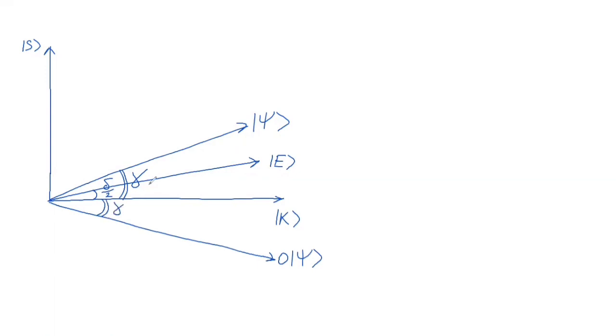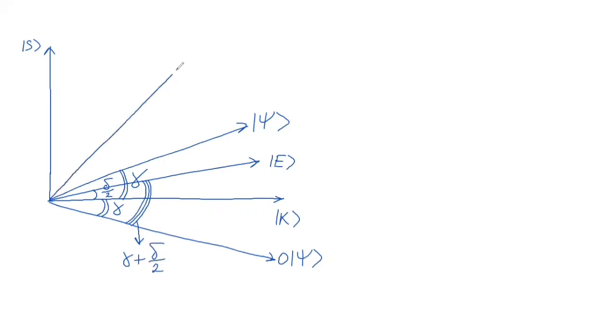Now we need to do the second step and reflect vector O psi with respect to vector E. We need to reflect it at this angle, which we will mark with 3 lines, and this angle is equal to gamma plus delta over 2.